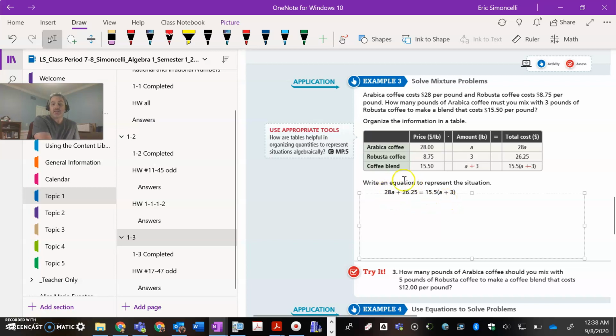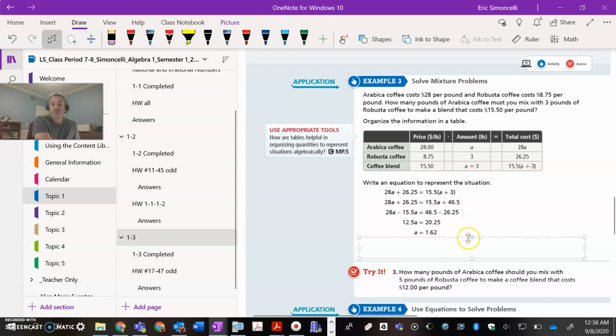So you're adding two different values that end up being dollar amounts, and you're setting it equal to the dollar amount times the quantity that we noted, A plus 3, not knowing A yet. In the end, dollars equals dollars. Units are going to cancel quite nicely in that regard. The algebra speaks for itself in the next step. Distribute, balance the equation, add and subtract like terms, and then divide.